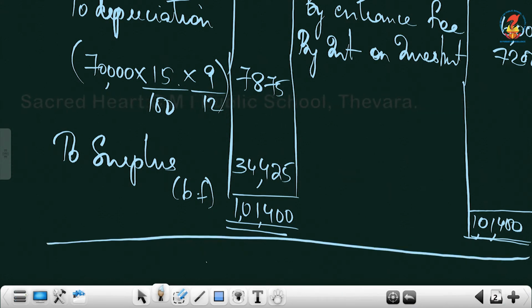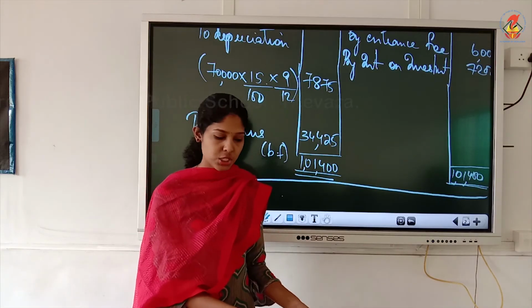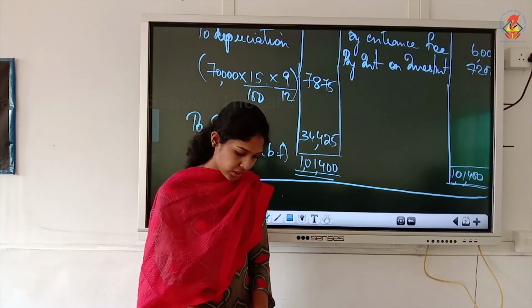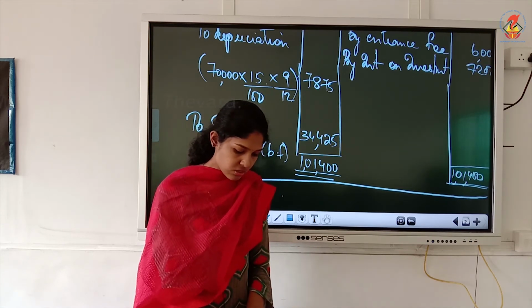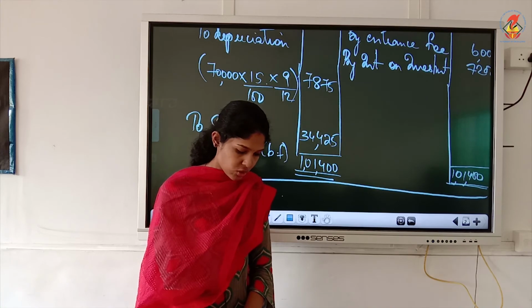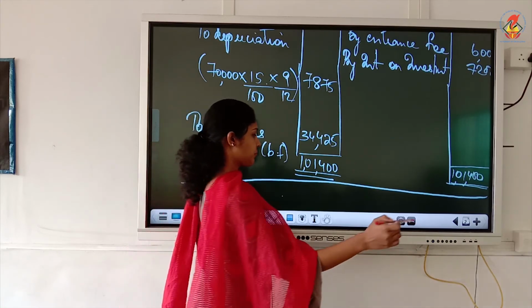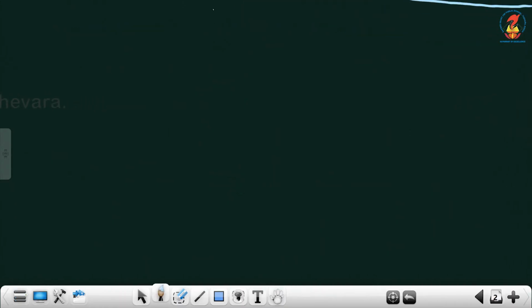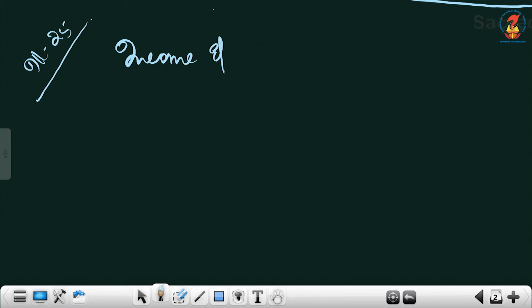Okay. We will work out illustration 25 also. Again, that is just to do the income and expenditure account, not the balance sheet. Just draw the format. Always write the heading before you draw the format.